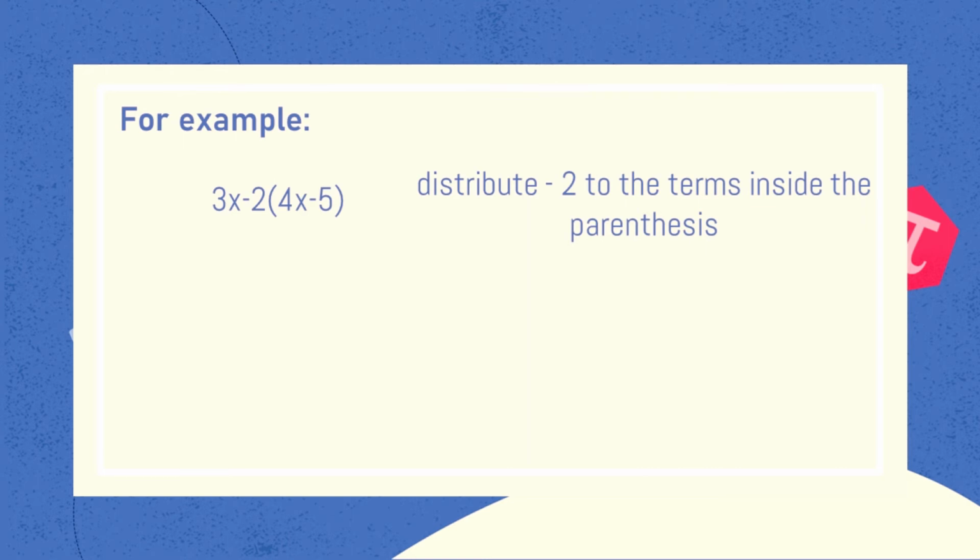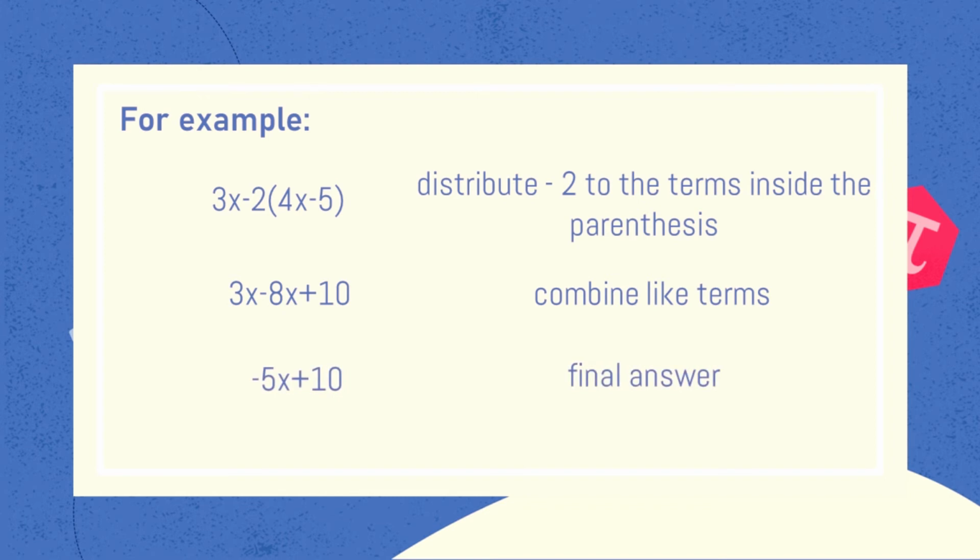So negative 2 times 4x will be negative 8x, and negative 2 times negative 5 is equal to positive 10. So our next step will be 3x minus 8x plus 10. Let's combine the like terms. So our final answer will be negative 5x plus 10.